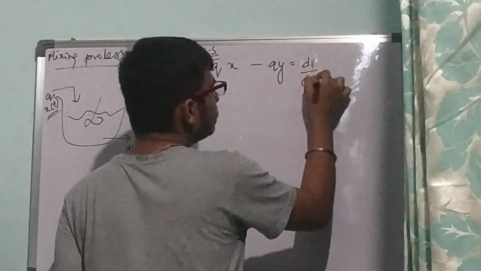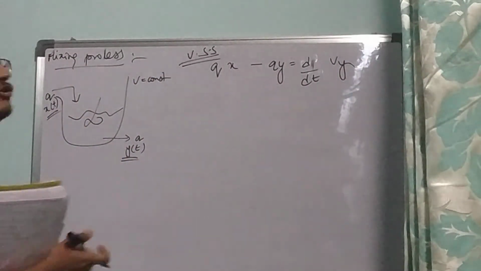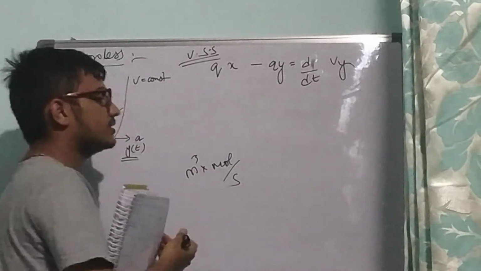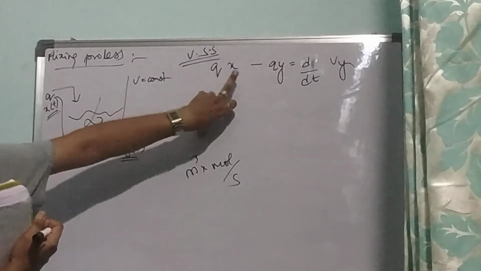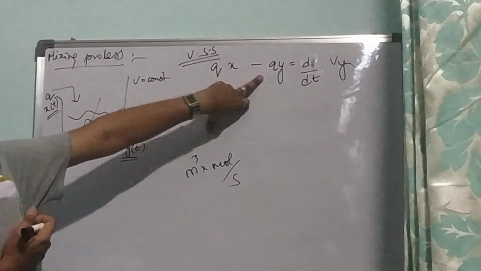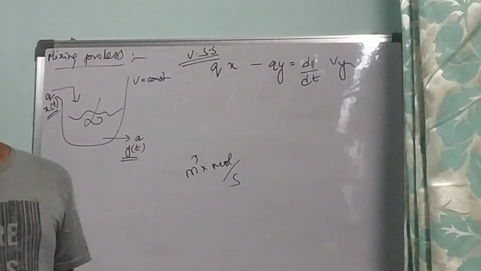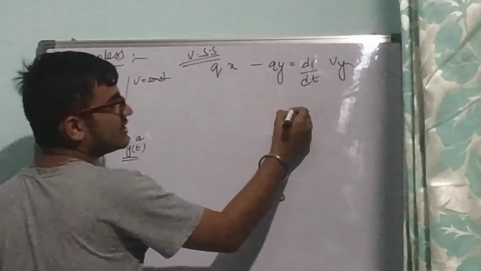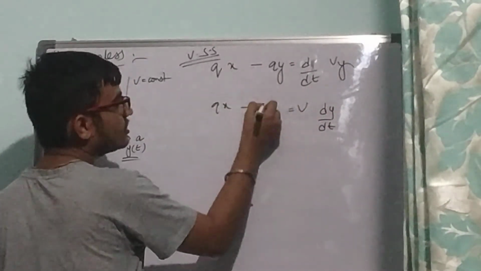Volume, meter cube, mole per second, is equal to meter cube moles per second. Clear? So anyway, volume is kept constant, V dy by dt equals qx minus qy.